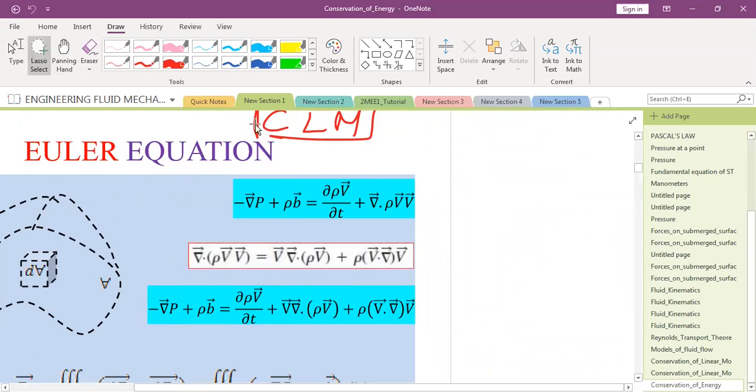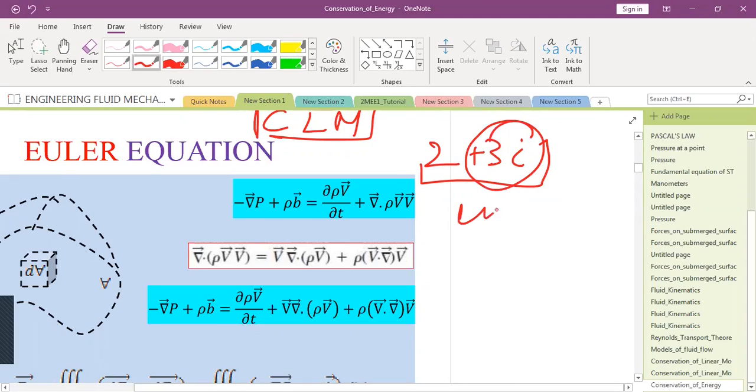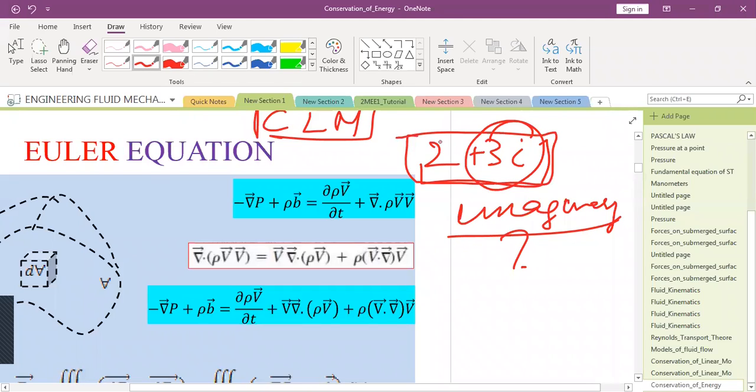Nothing more scientific to it. If I ask you what is meant by, for instance, 2 plus 3 iota, can you define what is 2 plus 3 iota? What do you mean by imaginary? Is there something imaginary in the actual world? So imaginary does not mean this is imaginary. It is just another way to represent a kind of mathematical operation. So please remember, there is no real thing, no imaginary thing.